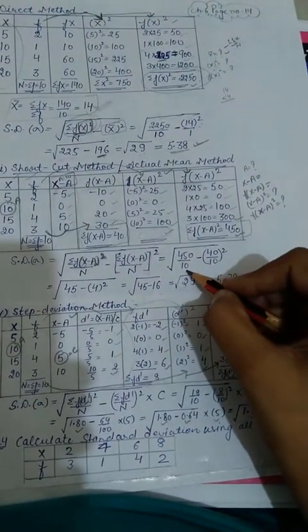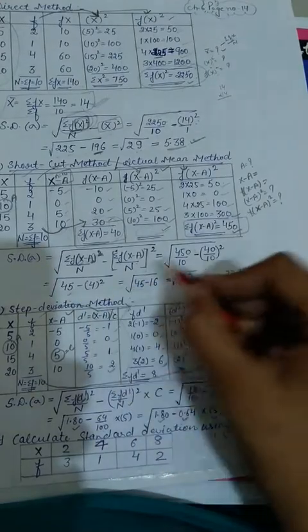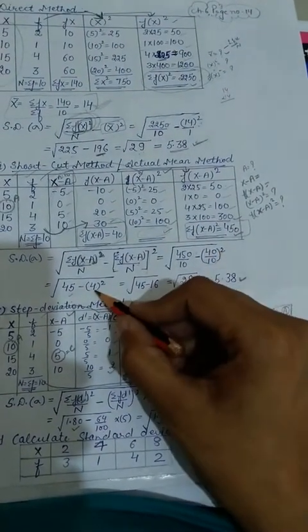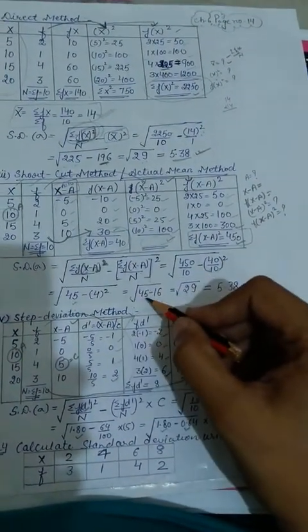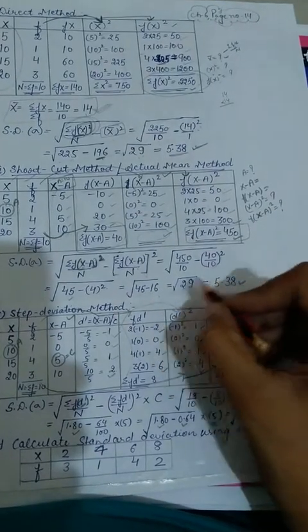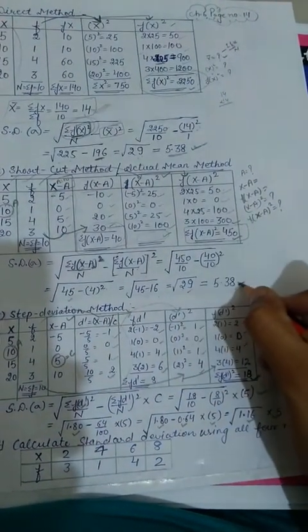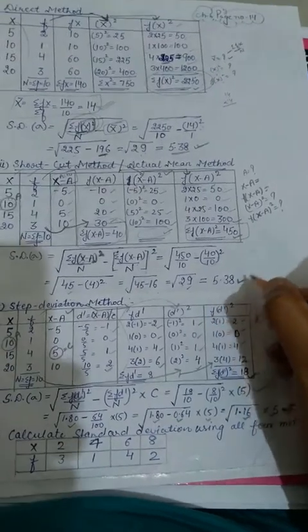Now 450 divided by 10 will give you 45. This will give you minus 4 square, and you will get 45 minus 16, that is 29, and this value is 5.38.